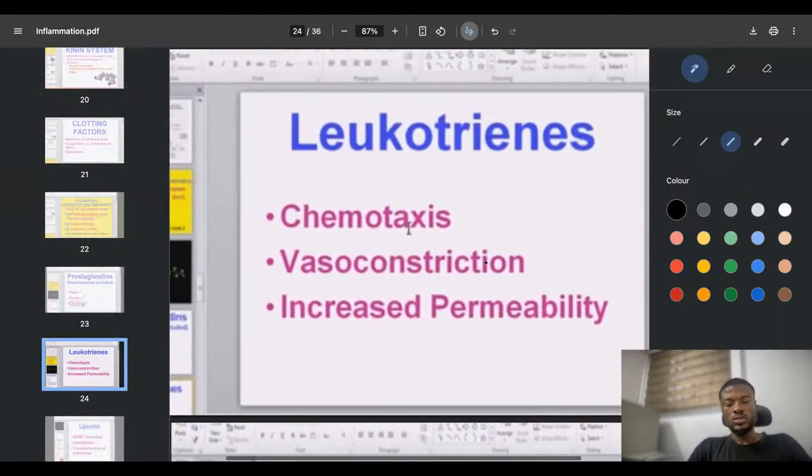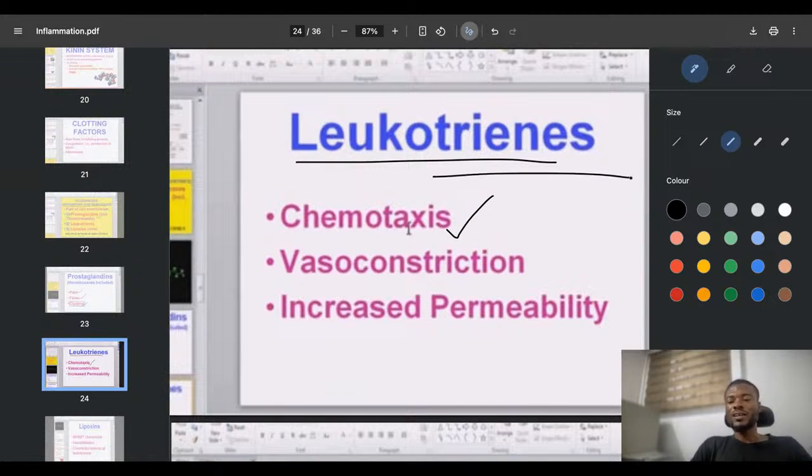So we have leukotrienes here. They are responsible for what? Chemotaxis. Of course, we know that we need chemotaxis so that the white blood cells, after they have transmigrated from the vascular system into the tissue system, we need these leukotrienes. They need to be able to know the direction which they should go, so that they can go to the place of what?